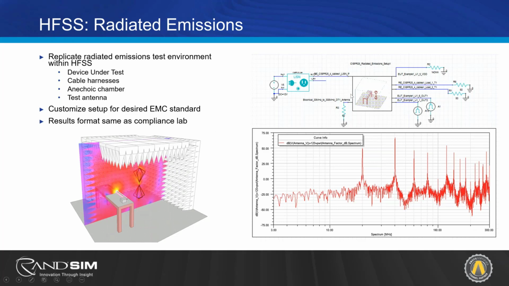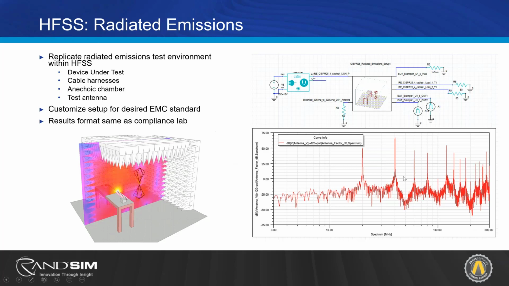And in the center of this circuit model is the physical RF design that you see in the lower left here. And so you assign all of your signals accordingly. Some of the things that you have control over are the device under test, the cable harnesses, the anechoic chamber's presence, and then of course the test antenna.